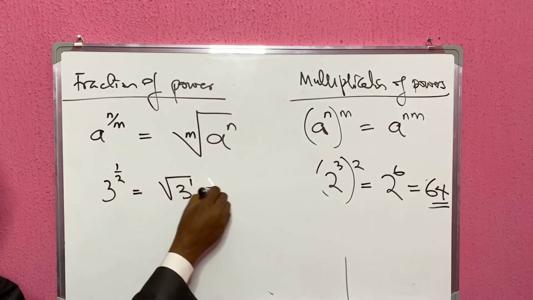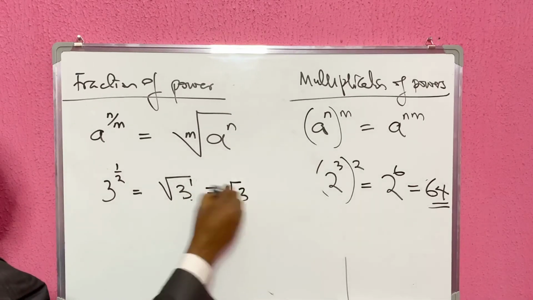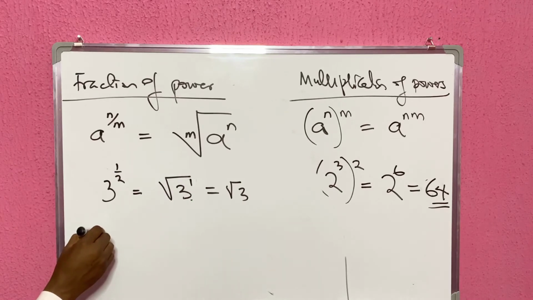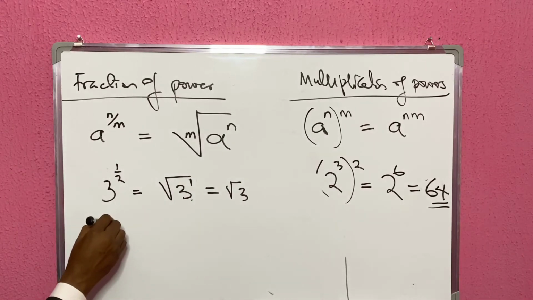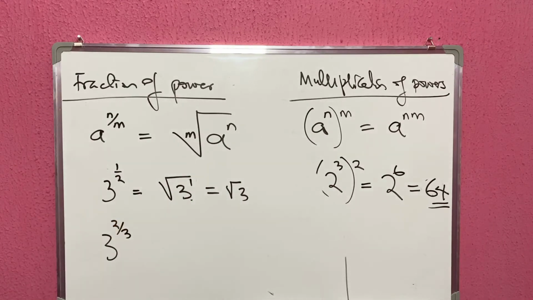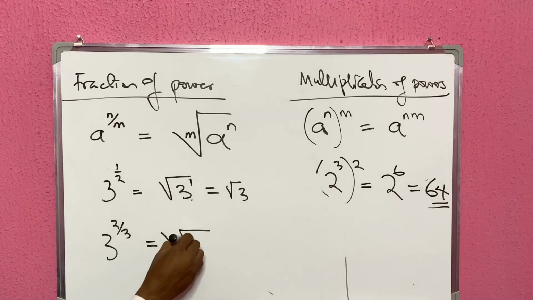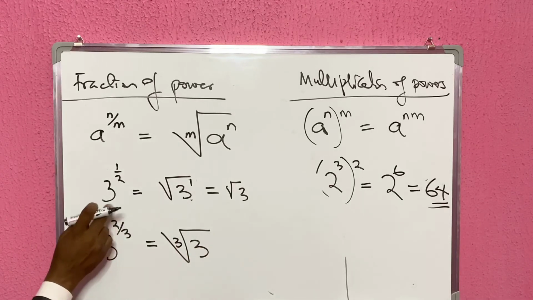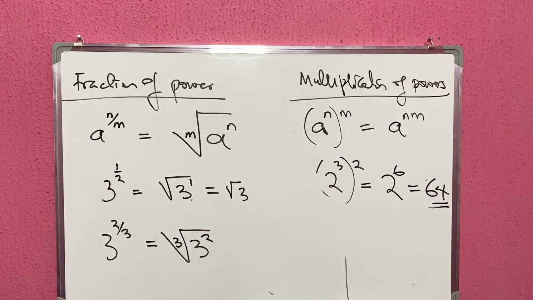To give what? Root 3. If you have 3 to the power 2 over 3, for example, you have cube root of 3 raised to 2, and so on and so forth.